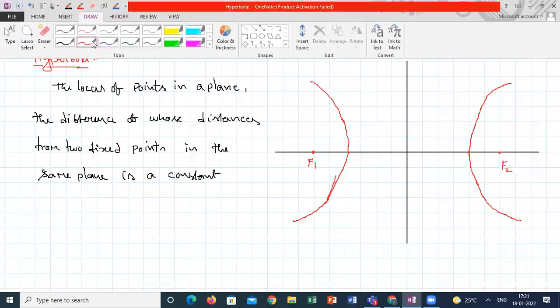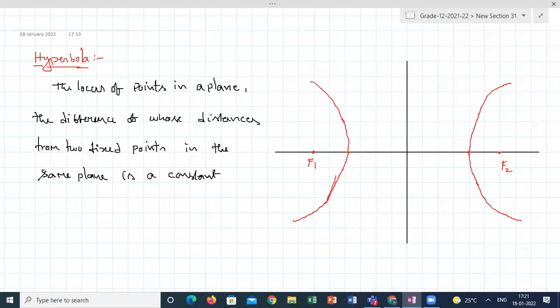I'm marking a few points randomly here, P1, P2, P3, P4. I join P1 to F1, P1 to F2. What does the definition say? The locus of points in a plane, the difference of whose distances from two fixed points in the same plane is a constant.